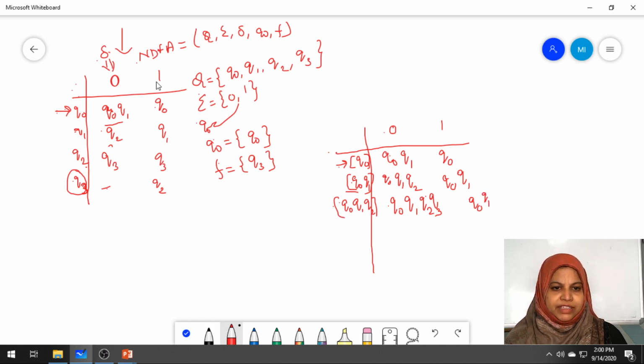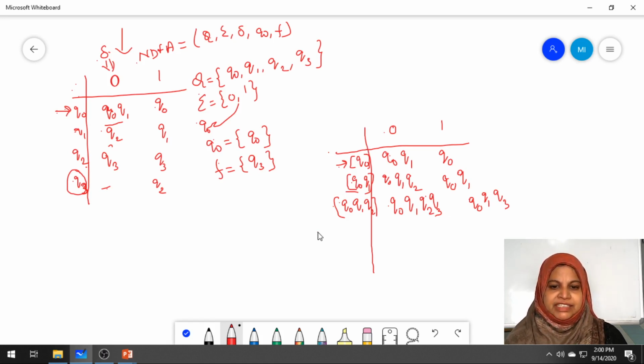Q2 on 1 is Q3. See, while applying inputs 0, 1 on the Q0, Q1, Q2 state, we get Q0, Q1, Q2, Q3 as one state, and Q0, Q1, Q3 as one more state. Is Q0, Q1, Q2, Q3 there already? No, so this is a new state.